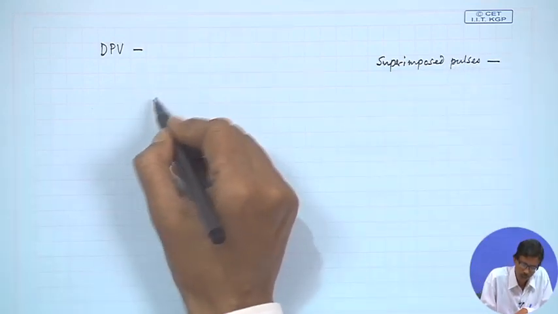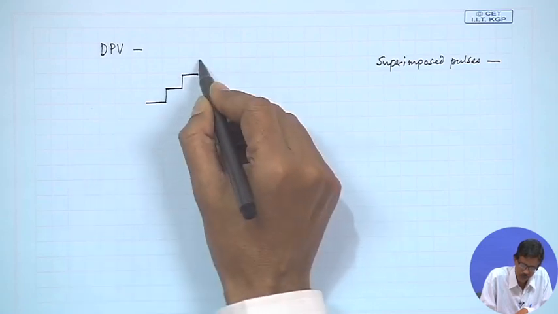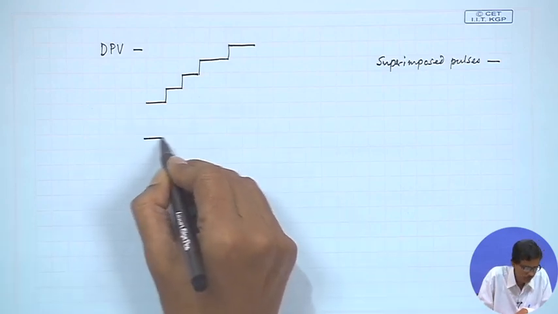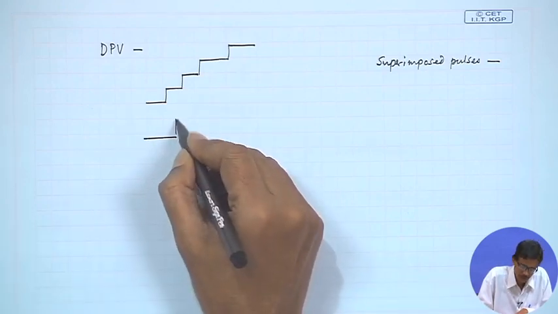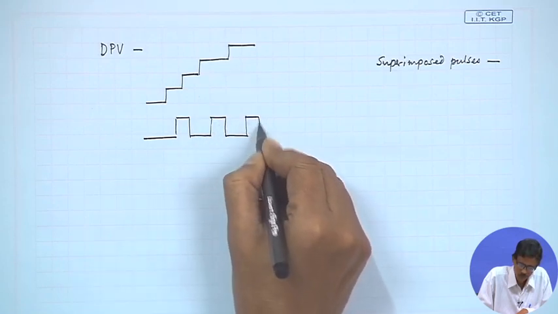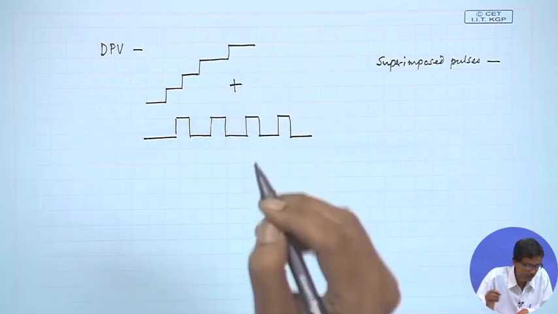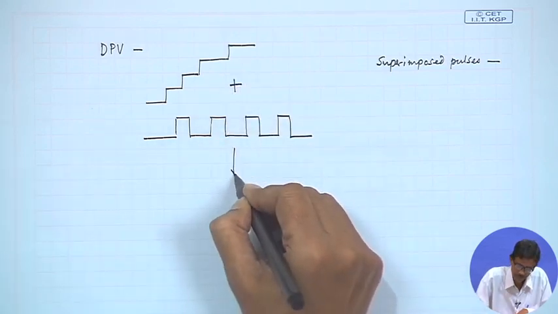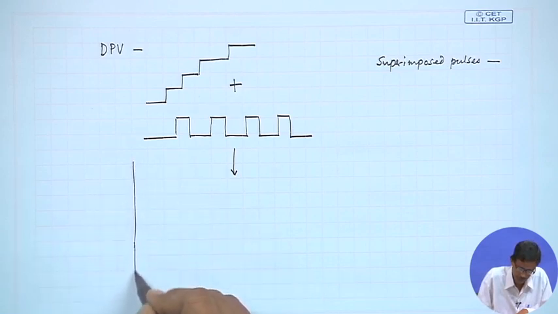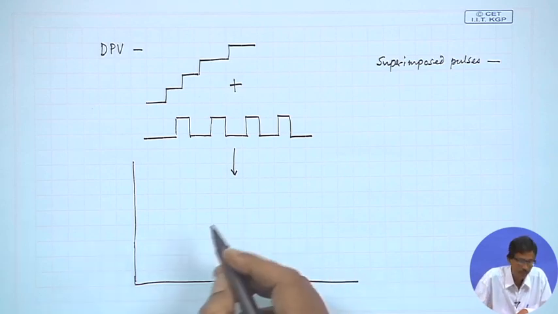where one of them is the staircase one, and another one is the square steps. If the two of them match together, we get the corresponding pulses again on the basis of tau and tau prime.